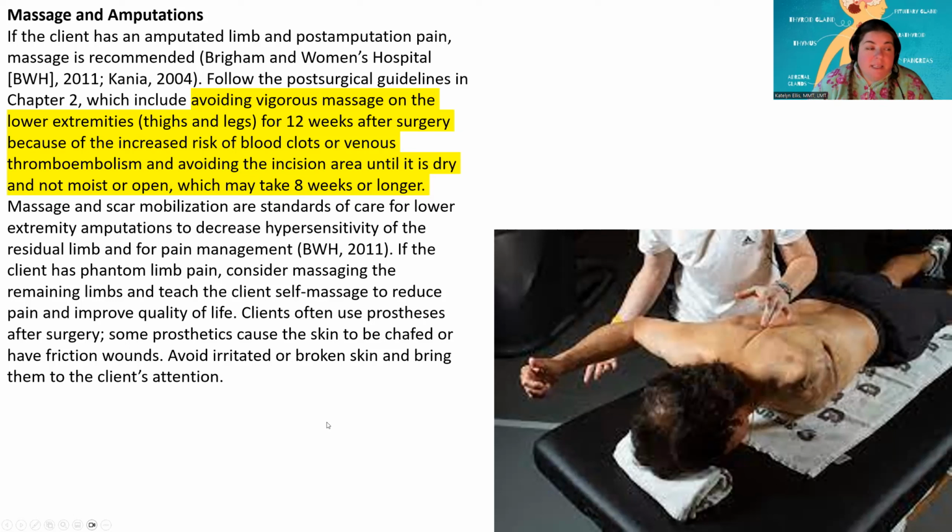Massage and scar mobilization is absolutely indicated. You definitely want to do some scar tissue massage for these clients. Sometimes prosthetics, though, can cause the skin to be chafed or have friction wounds. So please make sure that you're paying attention to irritated or broken skin and bring them to the client's attention.